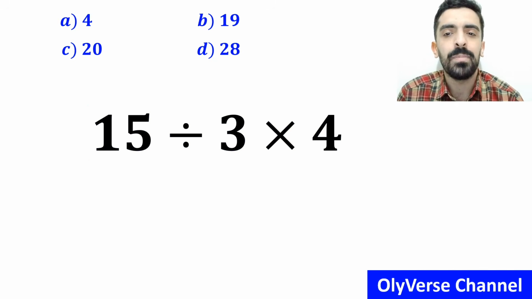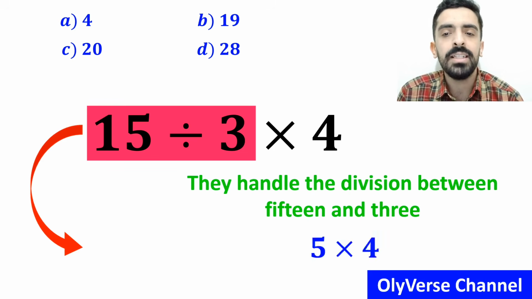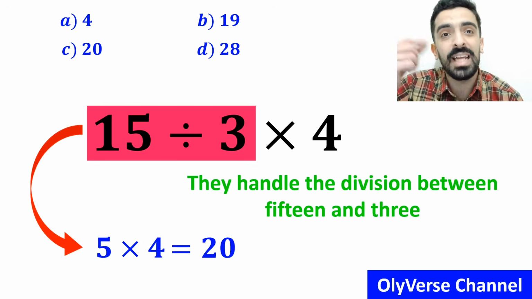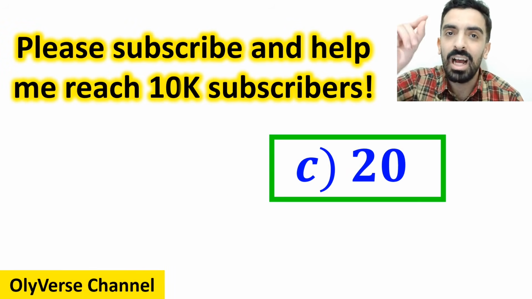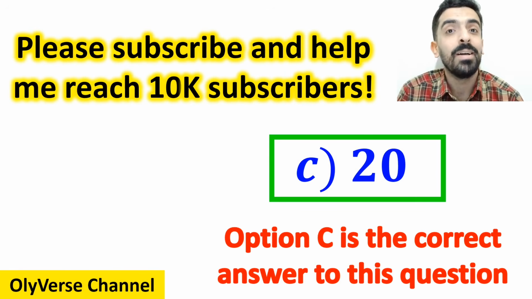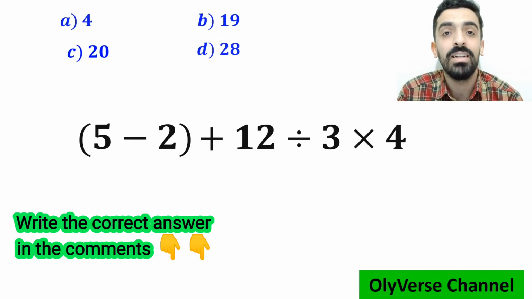And in the final step, they handle the division between 15 and 3 and write this expression as 5 multiplied by 4, which eventually gives them the answer 20. Then, without any hesitation, they quickly say that option C is the correct answer to this question. But I have to say we were too hasty and it's not the correct answer to this question.